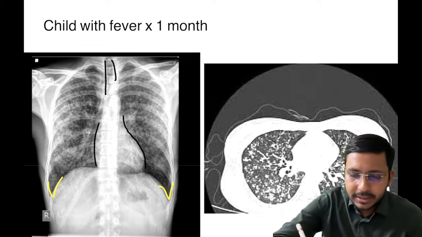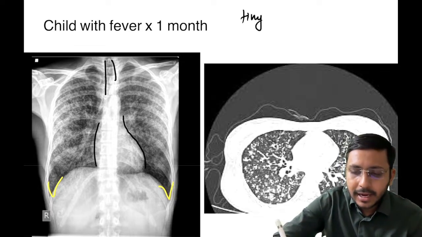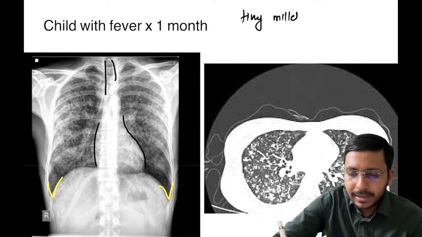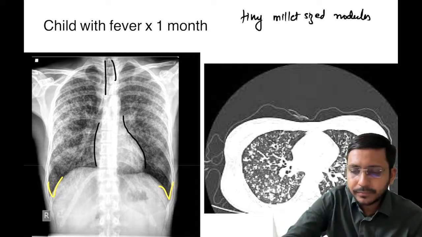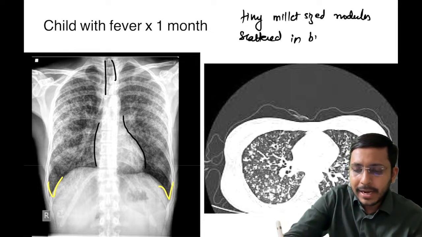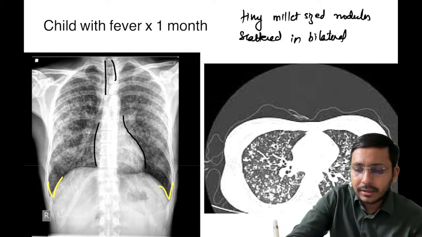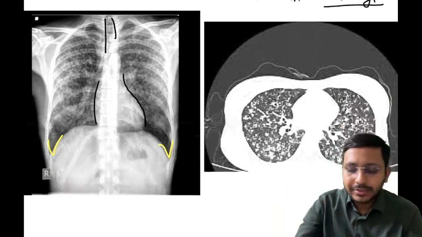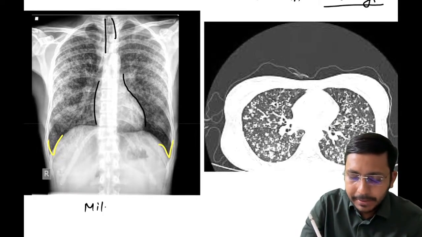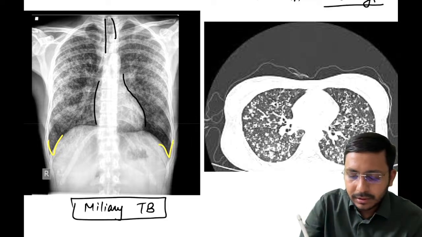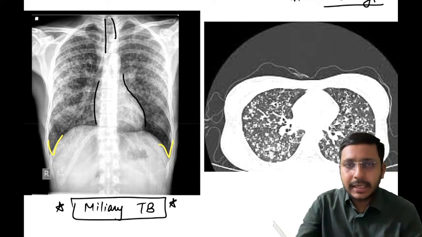So the terminology is tiny millet sized nodules scattered in bilateral lungs, right? This is typical of miliary TB.